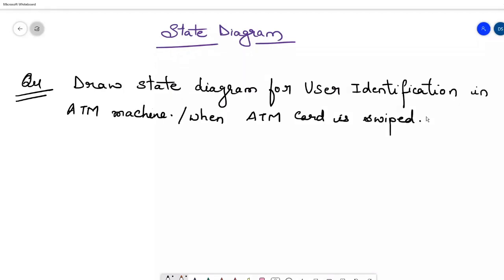Okay, so this is the condition given to us. Now, how to make a state diagram for this?